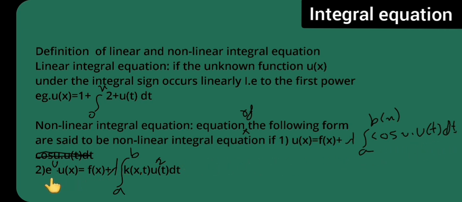And the second I have given is e raised to power of u of x is equal to f of x plus lambda integral from a to b k of x comma t, this is my kernel, u square of t dt.